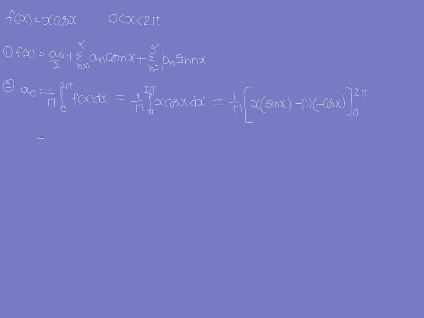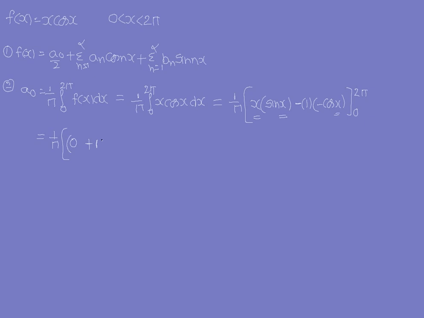If you substitute 2 pi in place of x, sin 2 pi gives 0. Therefore 0 minus, minus into minus plus, cos 2 pi, and cos 2 pi is equal to 1.